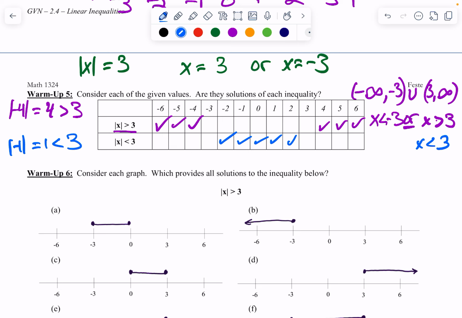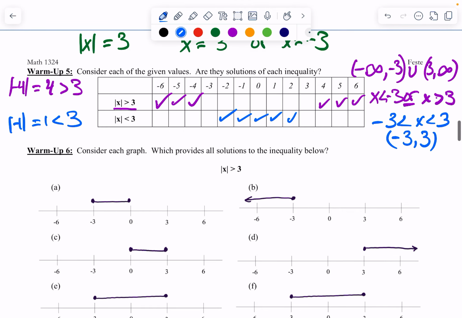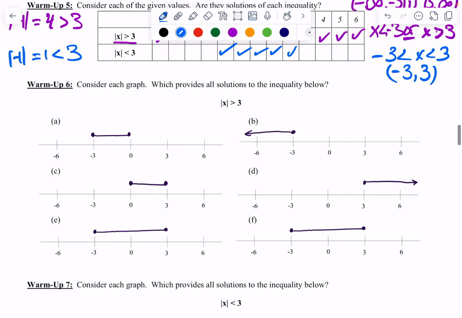So we have all the values between -3 and 3. So -3 is less than x is less than 3. And interval notation would be parentheses -3, 3, parentheses closed again, because the 3 is not included in the original problem.